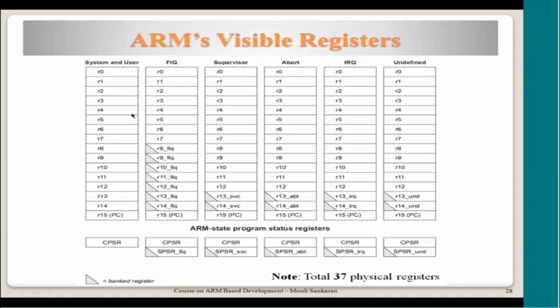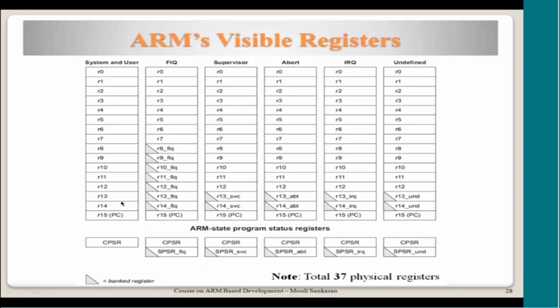Now again, let us go back to the old example of going from user mode to FIQ mode on an interrupt. What happens is that suddenly, during this FIQ mode, this register is visible, and you get a new set of registers, these 7 registers.